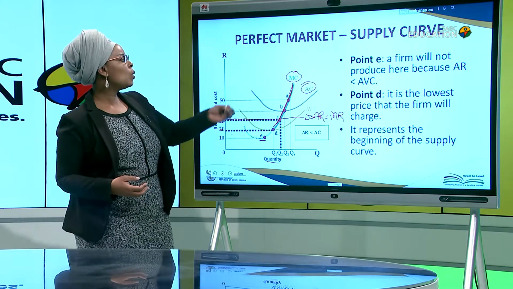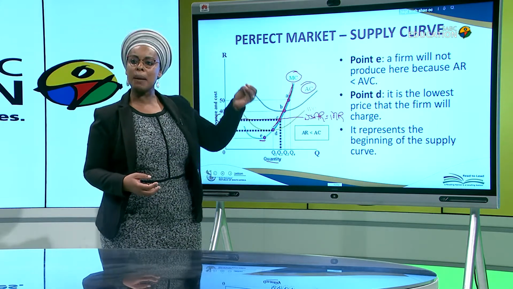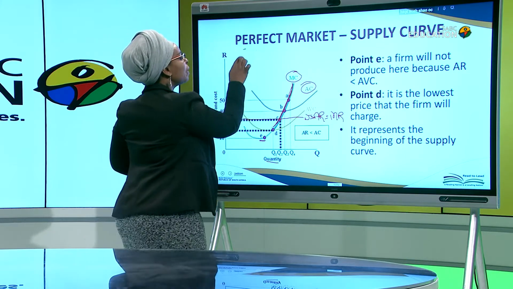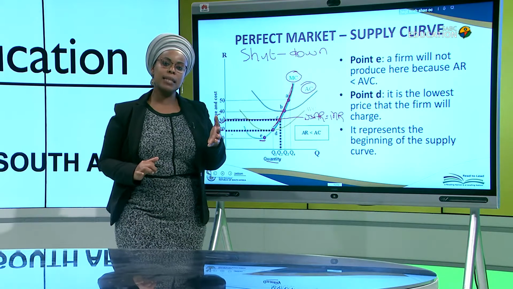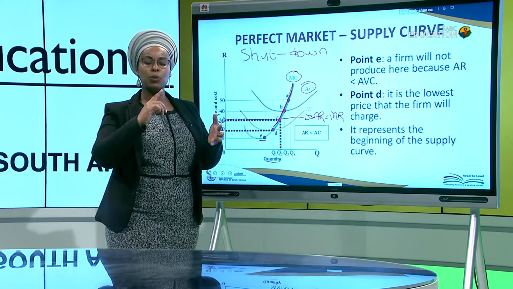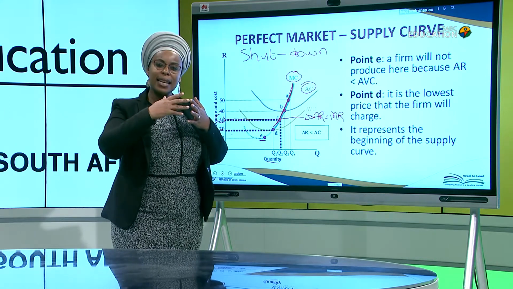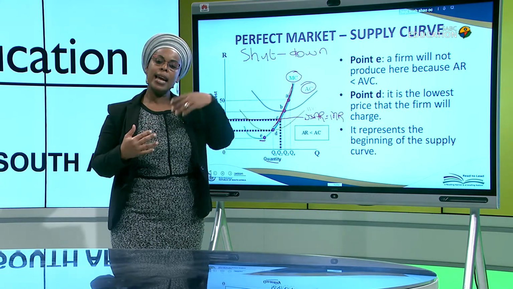Allow me to link the topic of supply curve with the topic of shut down. In a perfect market, you remember that there is a characteristic which says that there is easy entry and easy exit.